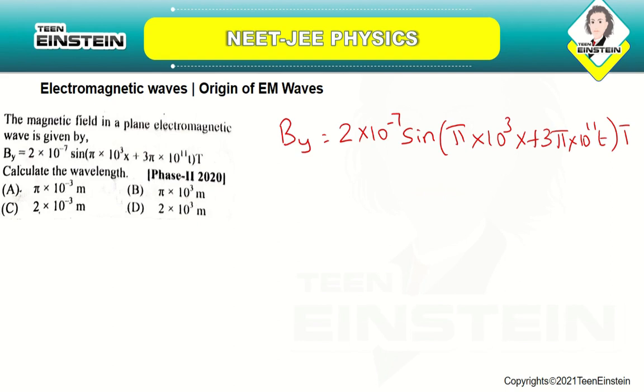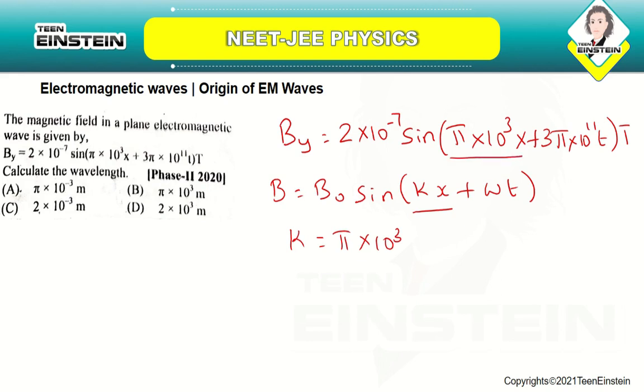First you write the general equation, B = B0 sin(kx + ωt). This is the general equation of the magnetic field in a plane electromagnetic wave. When you compare the two, you can easily get the k value. So k is equal to π × 10^3, because kx is π × 10^3 x.